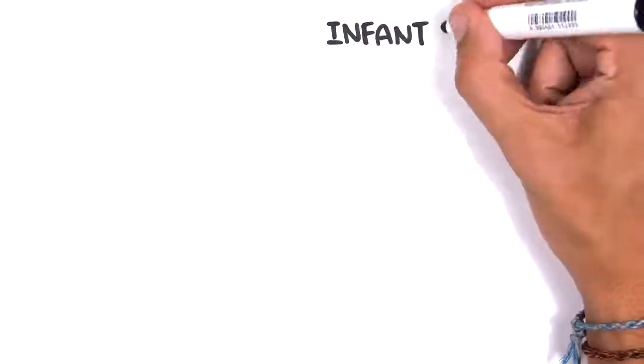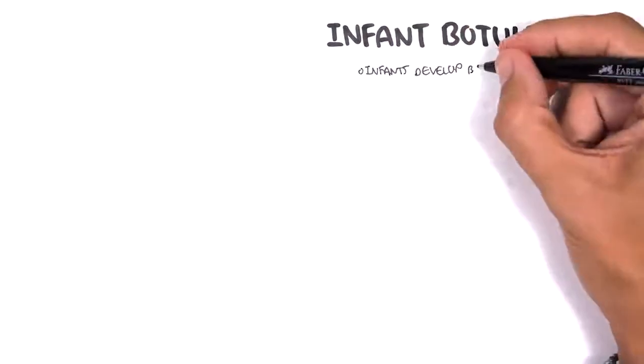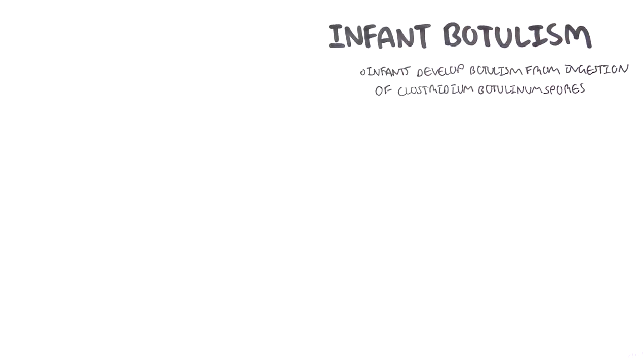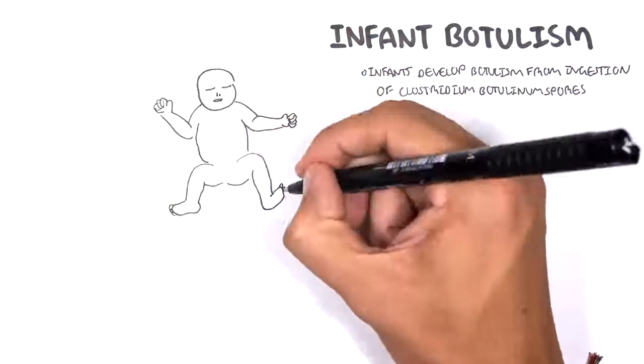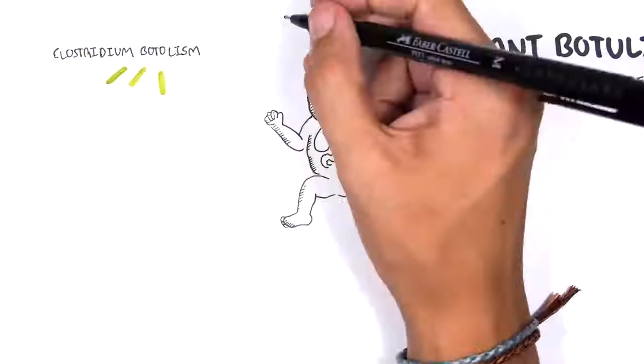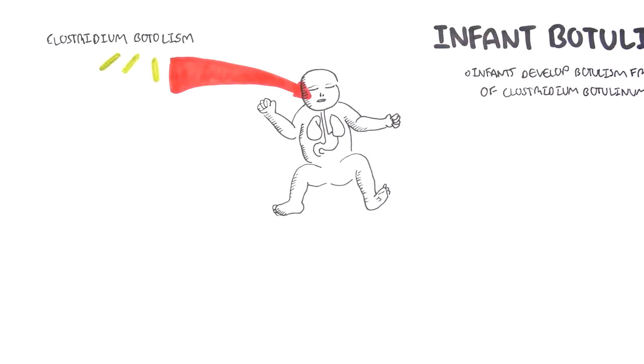The next infection is infant botulism. Infants develop botulism from ingestion of Clostridium botulinum spores. The sequence of events usually goes as follows. The infant inhales or ingests Clostridium botulinum. This results in the signs and symptoms which typically involve diminished muscle activity.